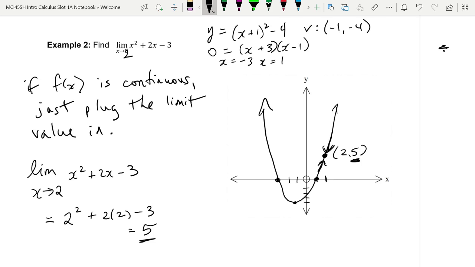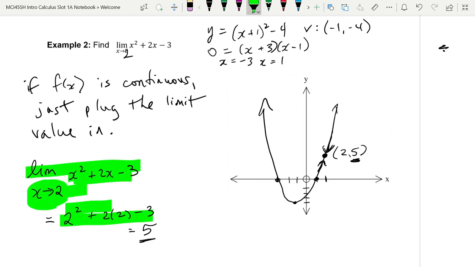One thing I want you to notice is that this is a limit statement. And then as soon as I decide I'm going to plug this 2 into the formula, I don't write the limit statement anymore. Then it just becomes algebra or arithmetic. That is important. Calculus teachers and people who read calculus like it to be precise.